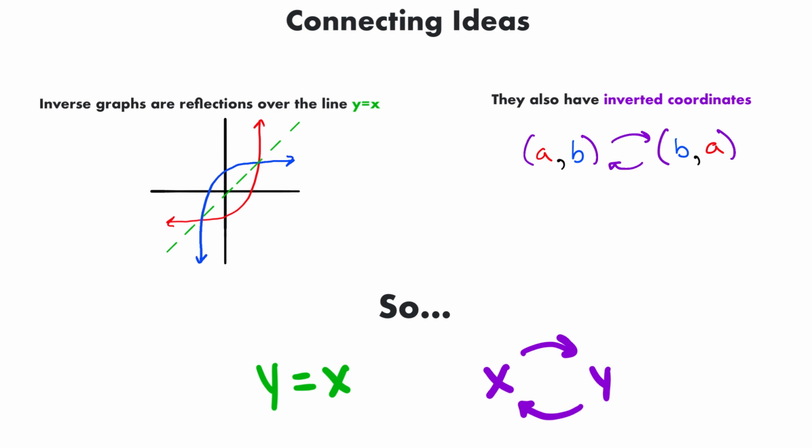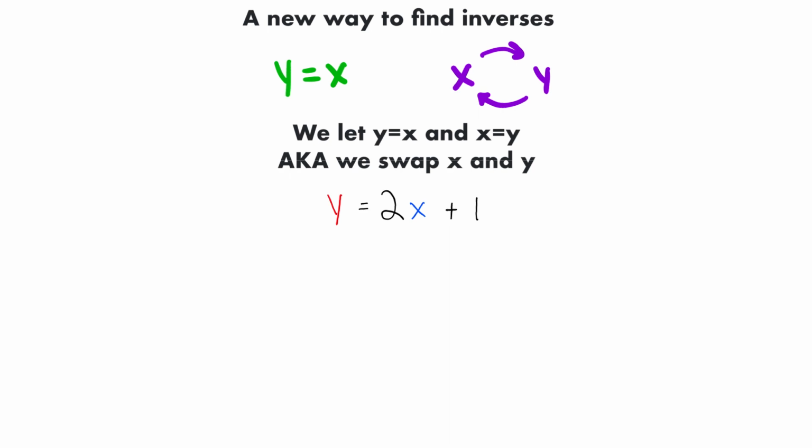Algebraically, we're going to do the same thing. If I give you a function like y equals 2x plus 1, and I want you to find the inverse of that function, I am going to take the x and y and make them equal to each other. Or another way of saying it is I'm going to take the x and y and swap them. So this function, if I want to find its inverse, I'm going to rewrite it as x equals 2 times y plus 1.